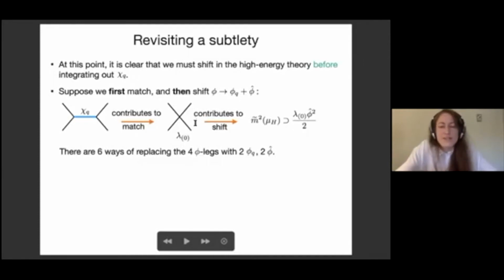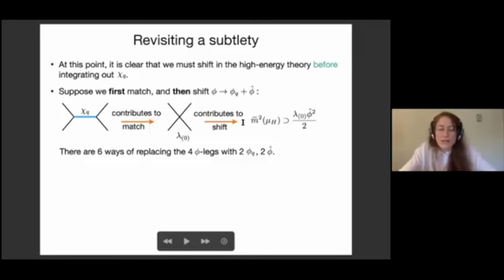And so then suppose we shifted phi to phi quantum plus phi hat after doing the matching. If I were to do this, I'd have terms where I replaced these phi legs with 2 phi quantums and 2 phi hats. So this matching would give some contribution to the quadratic term in the EFT and phi quantum.